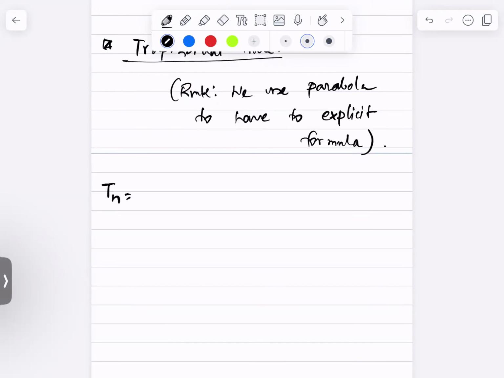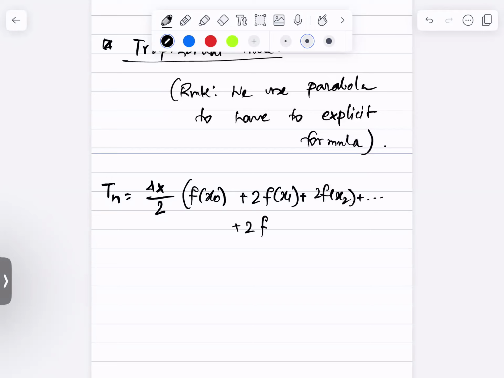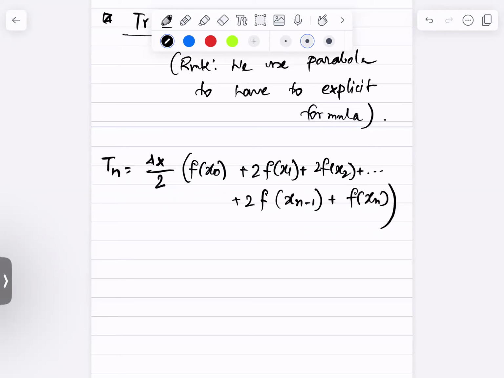But the formula for the rule is just delta x over 2. When you divide the main interval into n equal subintervals, then the formula should go like delta x over 2 times f of x naught plus 2 times f of x1 plus 2 times f of x2 and so on. It will go till xn minus 1 and then just f of xn. And x1 is basically the first point.